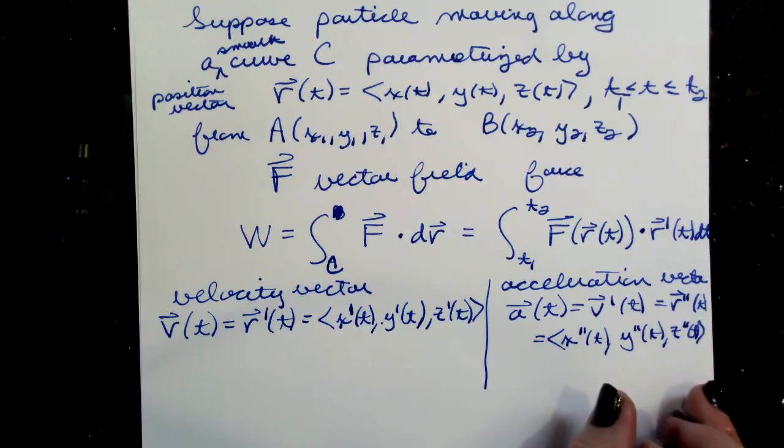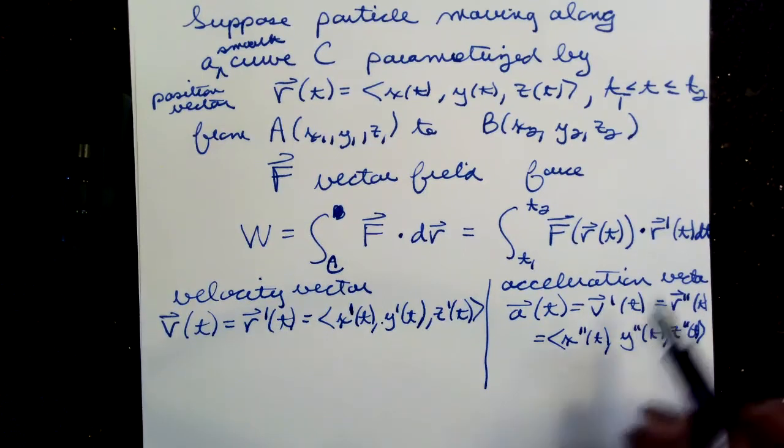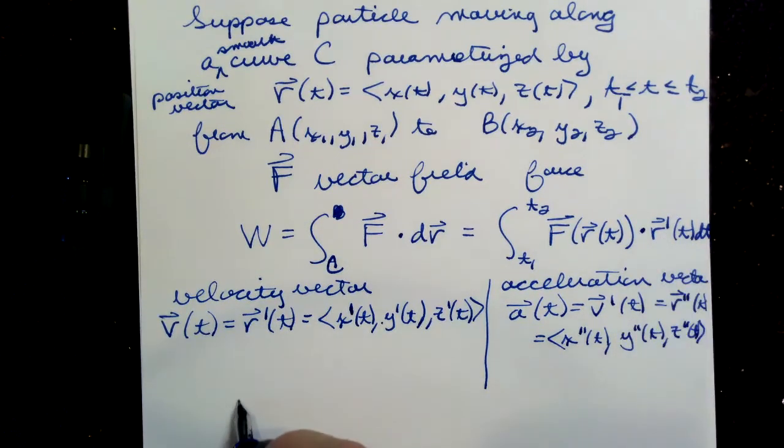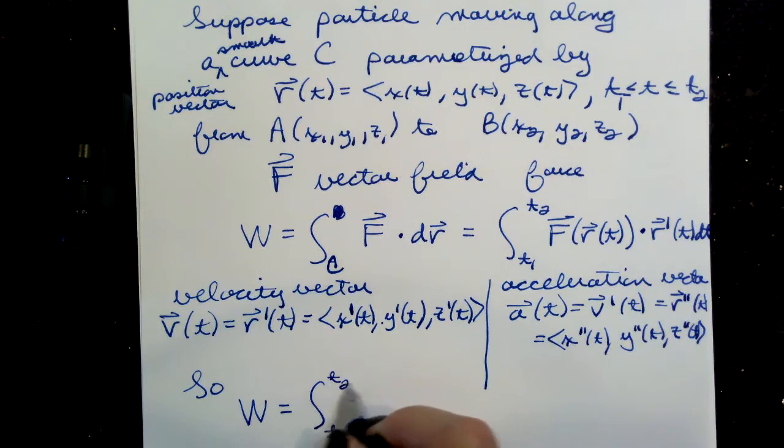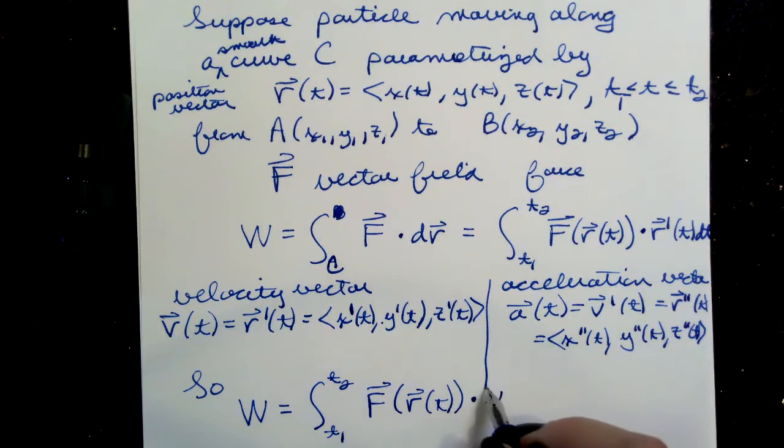Okay. So notice R prime, so I can write the work as the integral from T1 to T2 of F of R of t dotted with v of t dt.